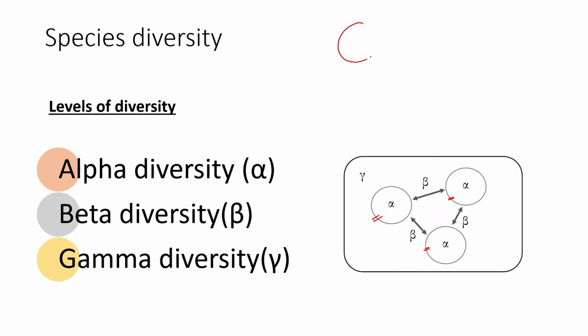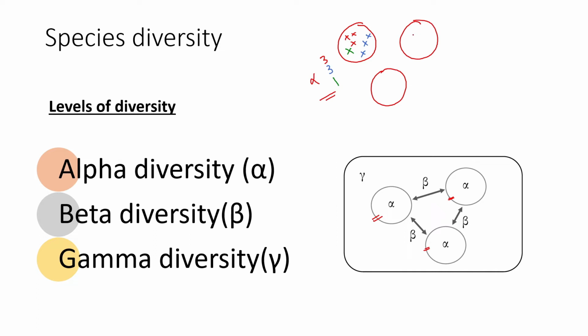For example, let's say there are three regions, and there are three kinds of species: reds, blues, and greens. Here you can see the number of reds is 3, blues are 3, greens are 1. So this is the alpha diversity of that particular region.